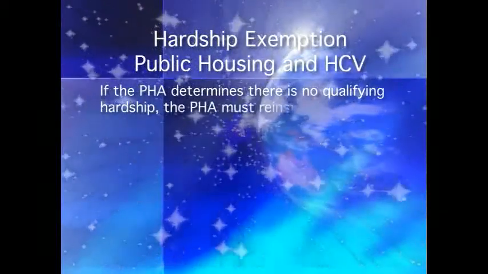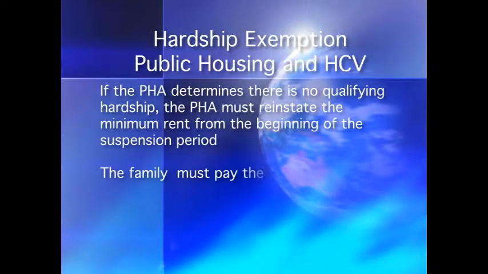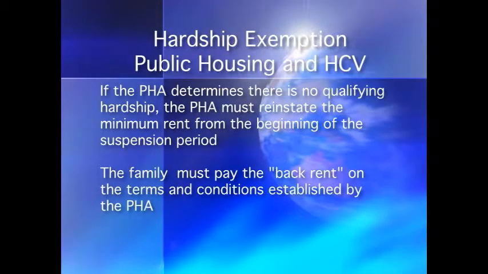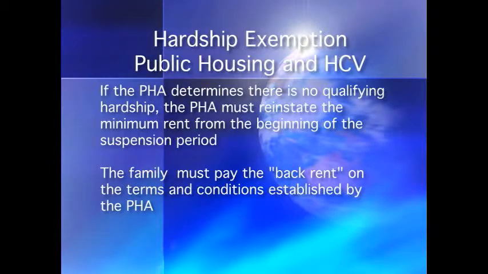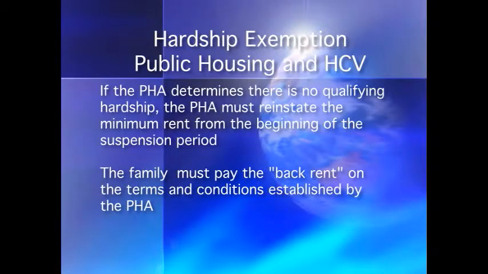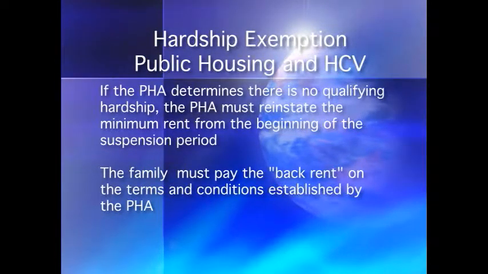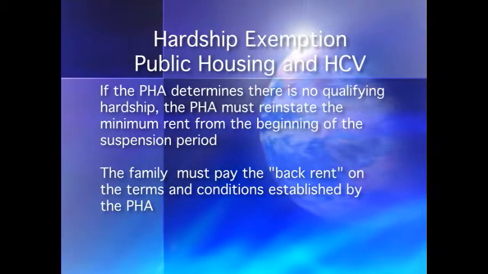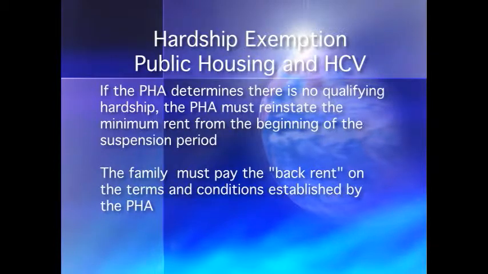The following applies for both public housing and housing choice vouchers. If the PHA determines there is no qualifying hardship, the PHA must reinstate the minimum rent from the beginning of the suspension period, and the family must pay the back rent on the terms and conditions which are established by your housing authority.